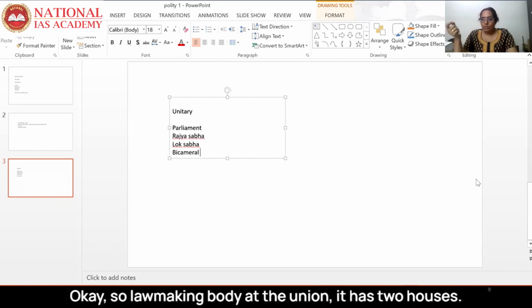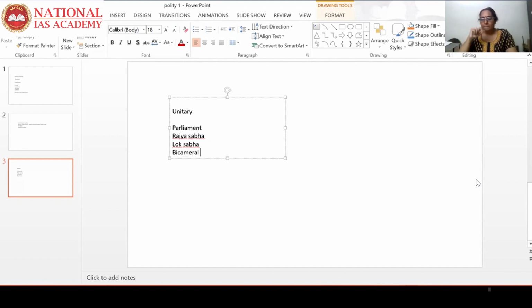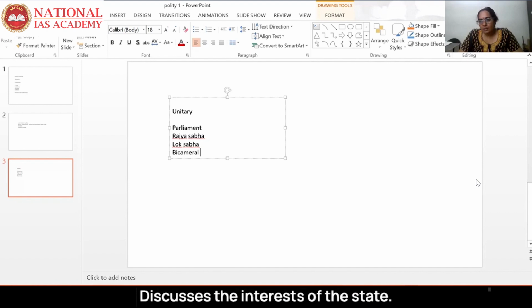It has two houses. Rajya Sabha, put a hyphen. Discusses the interests of the state.